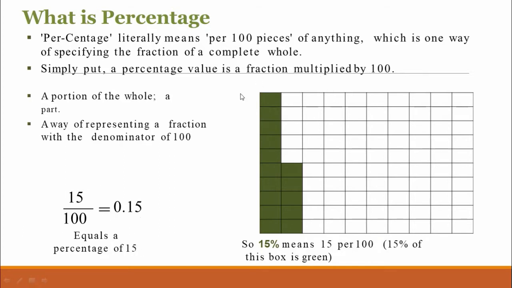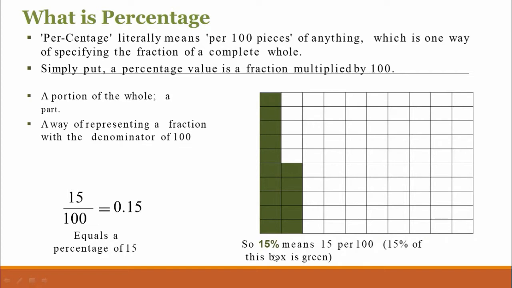Dear students, in this figure you see 1 2 3 4 5 6 7 8 9 10, and 1 2 3 4 5 6 7 8 9 10. So 10 multiplied by 10, there are 100 square boxes in this shape.